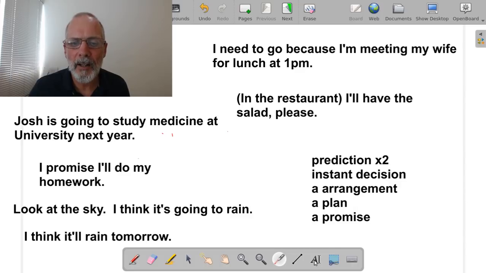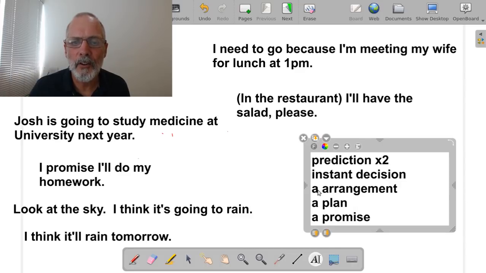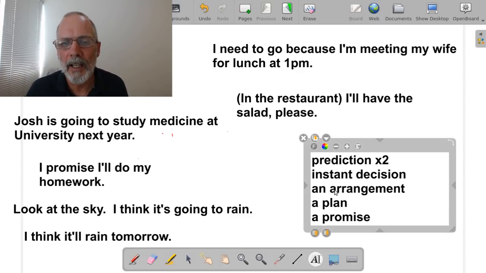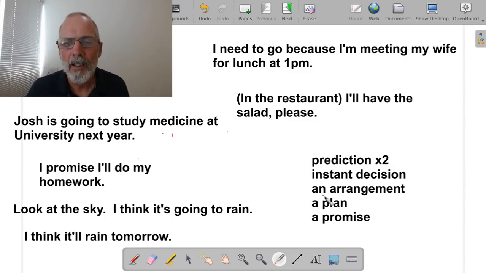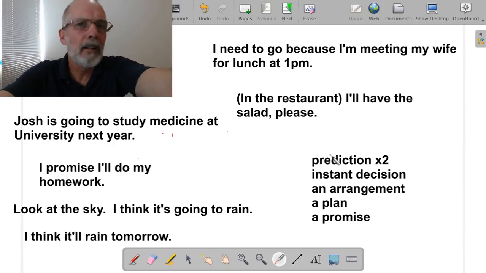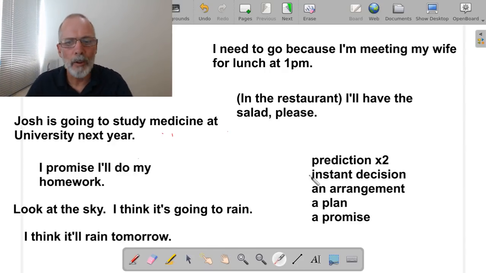Which one is an arrangement? I just realized there I should have put an instead of a, because this noun begins with a vowel. Which one of these is an arrangement? Which one is a plan? And which one is a promise?